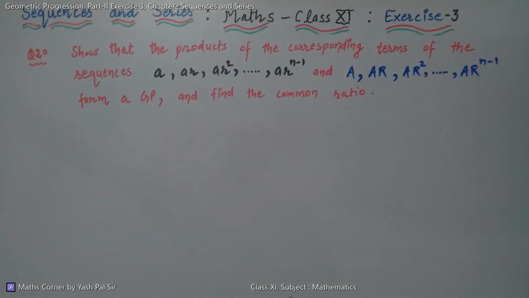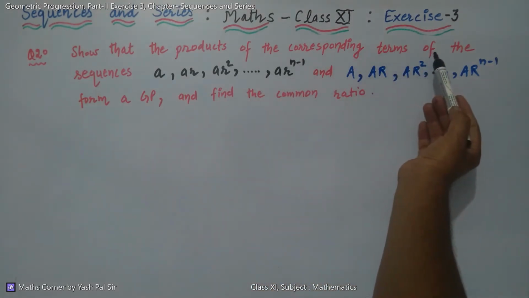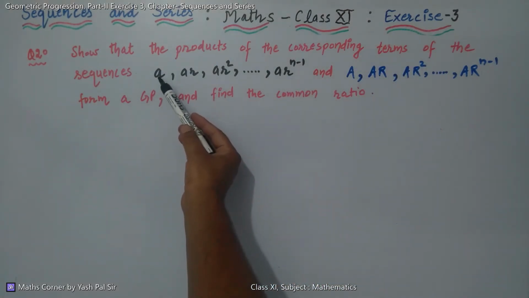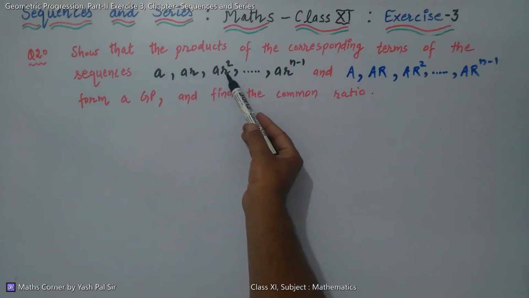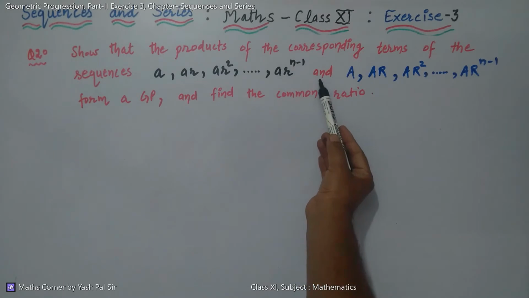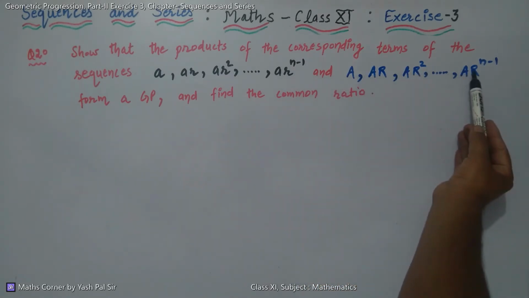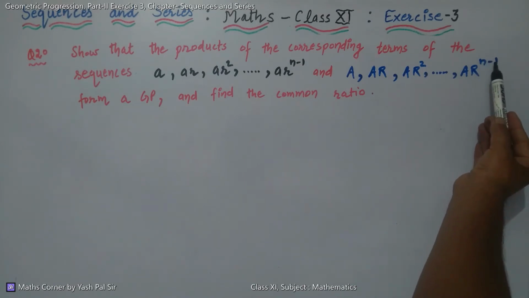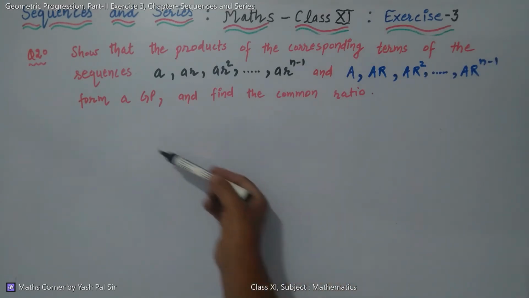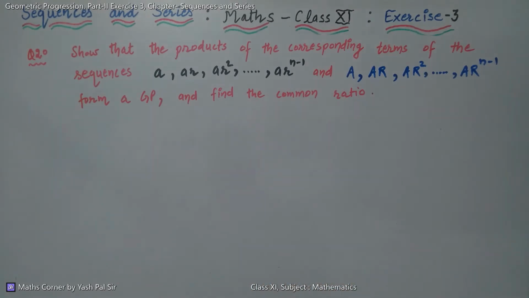Question number 20. Show that the product of the corresponding terms of the sequences a, ar, ar square and so on up to ar raised to power n minus 1, and capital A, capital AR, capital AR square and so on up to capital A R raised to power n minus 1 form a GP, and find the common ratio.